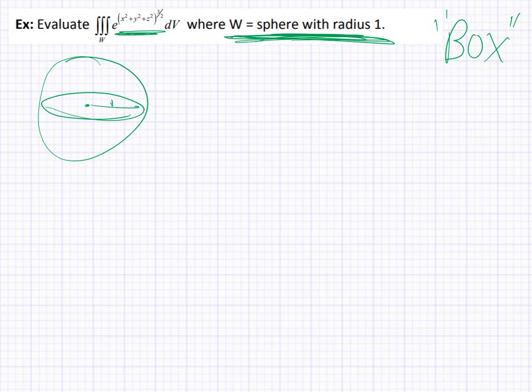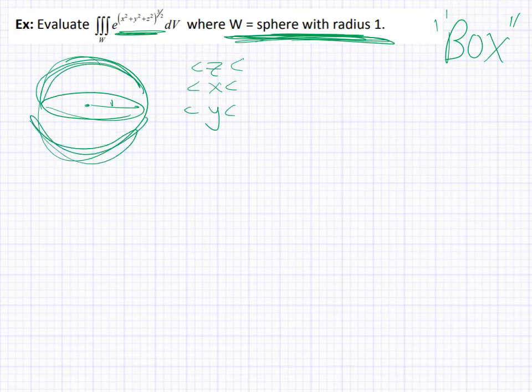Now, we could do it in terms of x, y, and z and stay in rectangular coordinates. That's going to be pretty difficult. There's going to be a lot of square roots: the top half of the sphere, the bottom half of the sphere, the y and the x. We can do it. It is definitely doable. But doing it in spherical coordinates is much simpler.